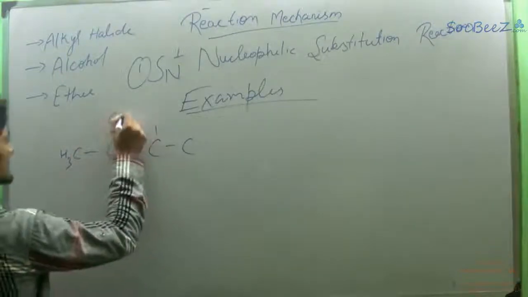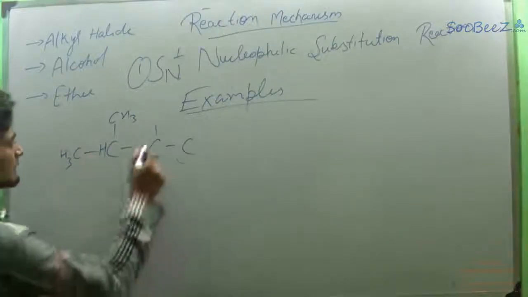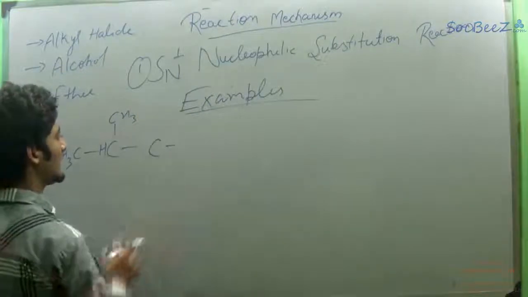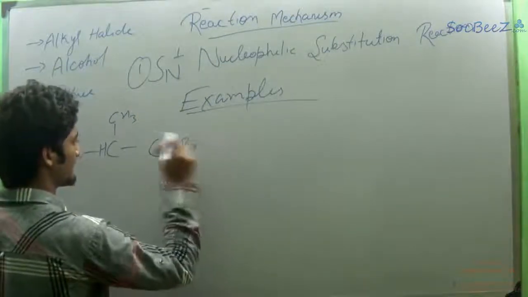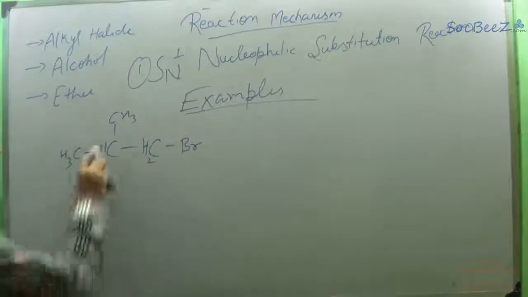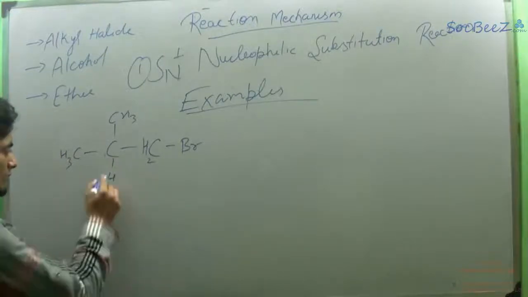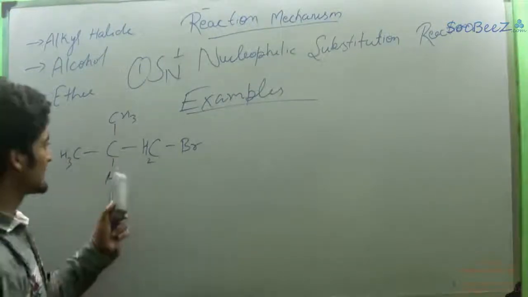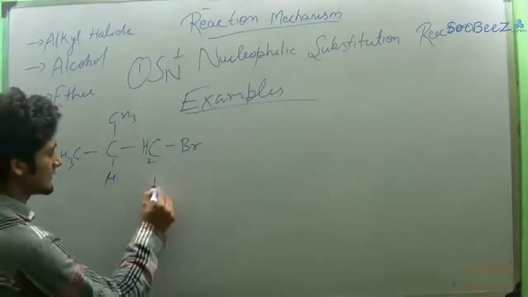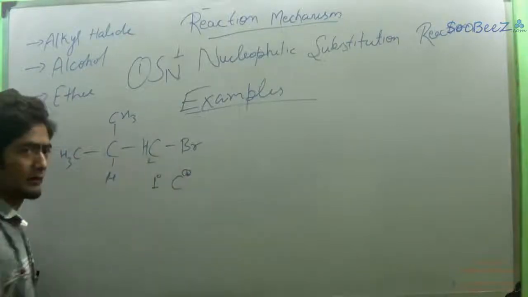CH3, CH3, CH, let's say we have an alkyl halide, CH2Br, and this is a H. So at first look, this doesn't satisfy our criteria because 1 degree carbocations are not stable at all, so they shouldn't react.